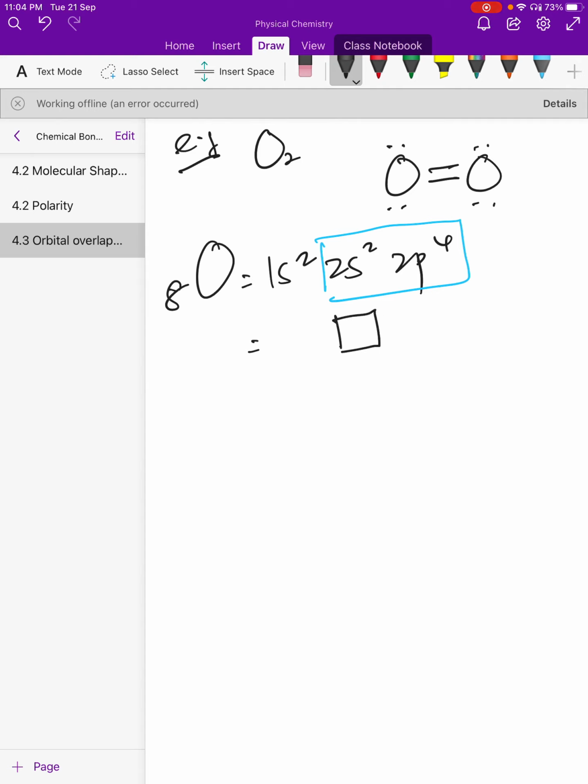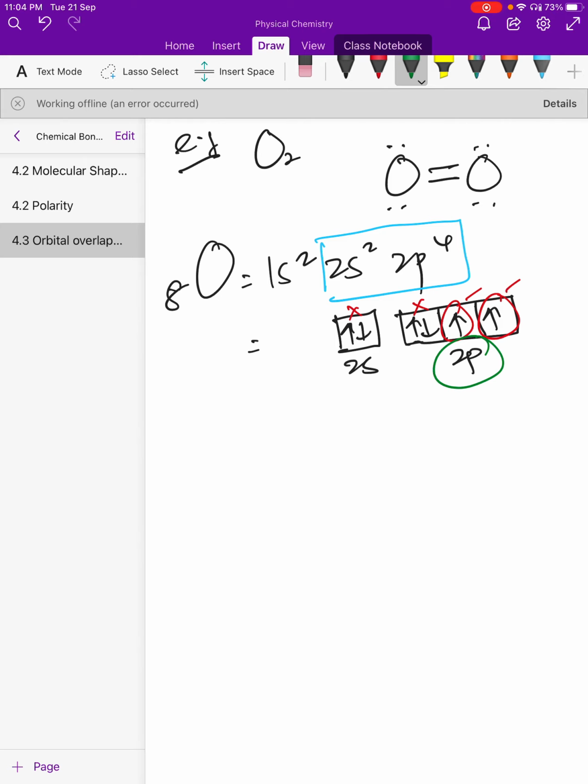That is 2s and then 2p. And I hope students remember from our valence bond theory, overlapping occurs for the unpaired electrons. Do not consider the paired electrons, because valence bond theory refers to the unpaired electrons, and in this case these two electrons. The unpaired electrons are located at the p orbital.